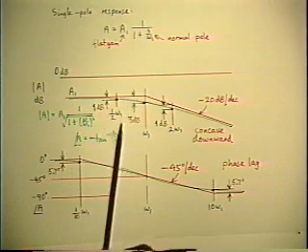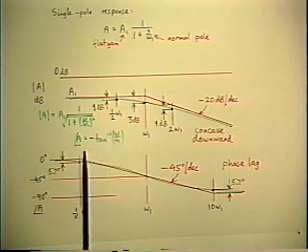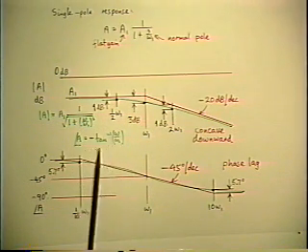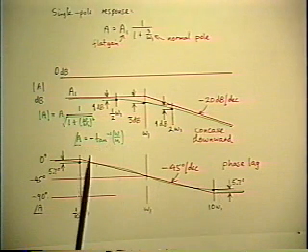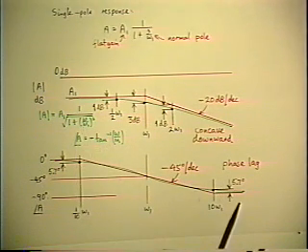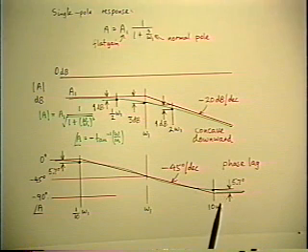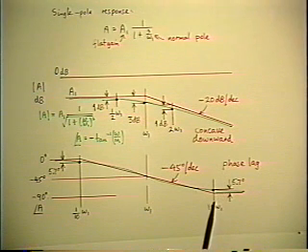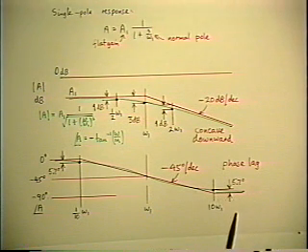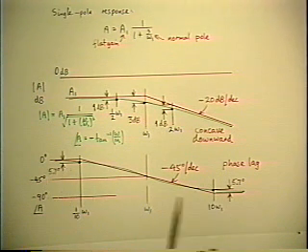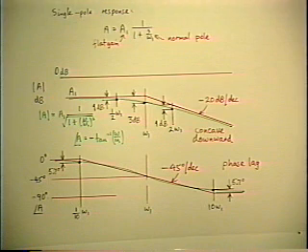Go to the other extreme. At infinite frequency, arctangent of infinity is 90 degrees. And it's negative because the function is in the denominator. So the phase asymptote at infinite frequency is minus 90. If you extrapolate those two asymptotes towards the center, they don't intersect because they're parallel.